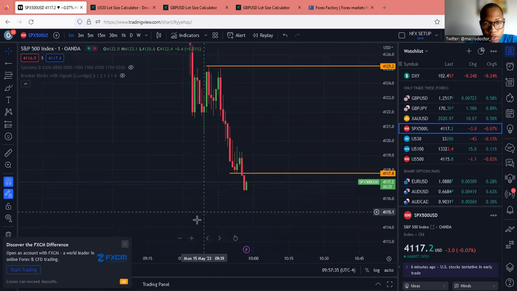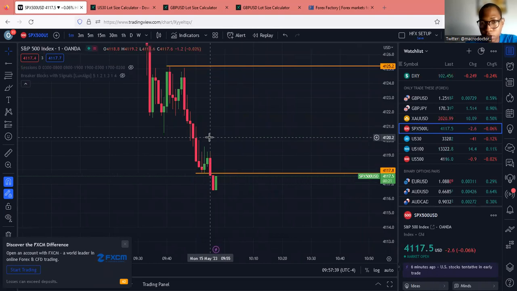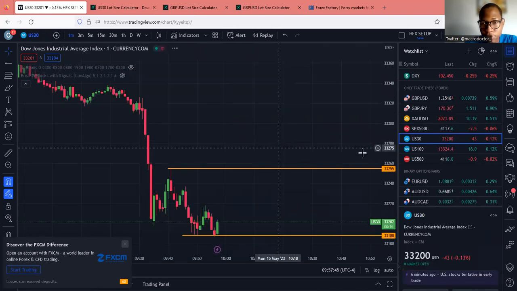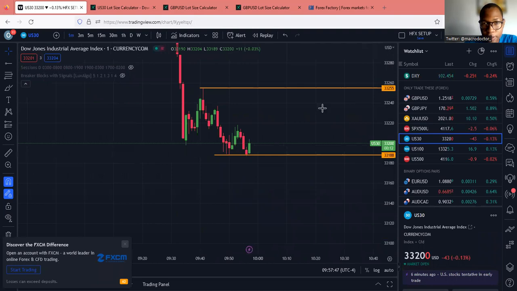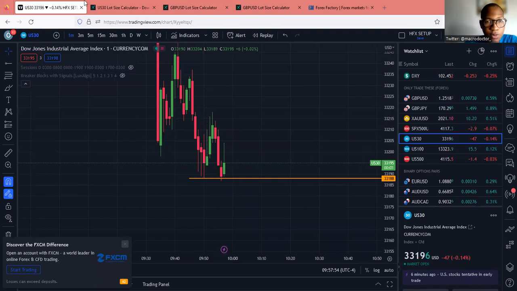Let me just quickly calculate what would be the appropriate lot size. I think I like how it looks on the US 30, simply because the US 30 didn't dip as much. So we'll take the trade on the US 30. This price is 33218.